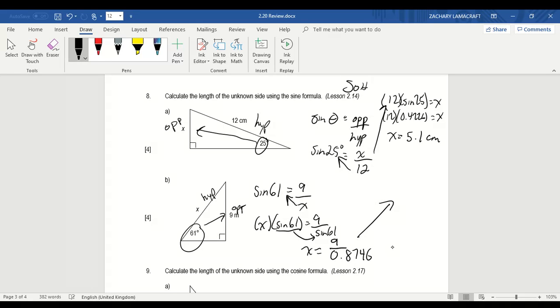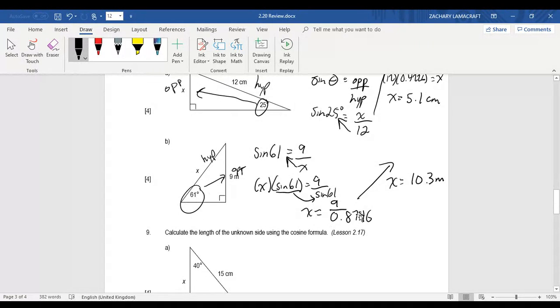And if we did that math right there, x would be equal to 10.29, so we round to 10.3 meters. Sorry, not centimeters. That's the unit we use. Okay. So a couple more here.